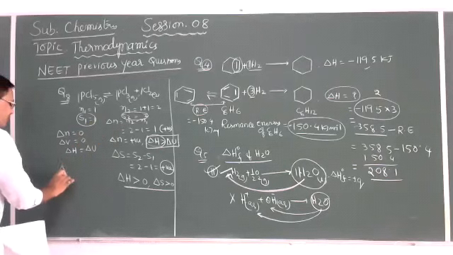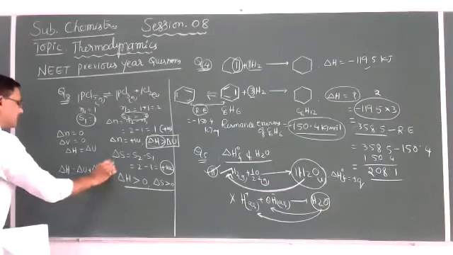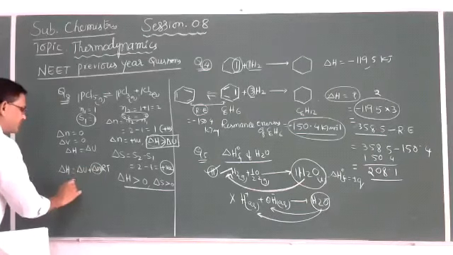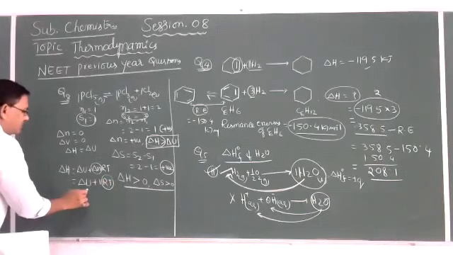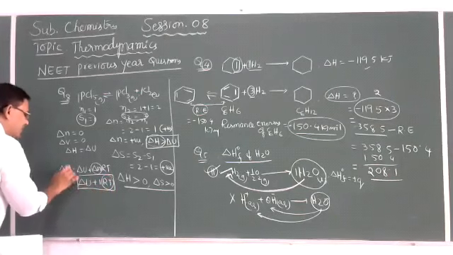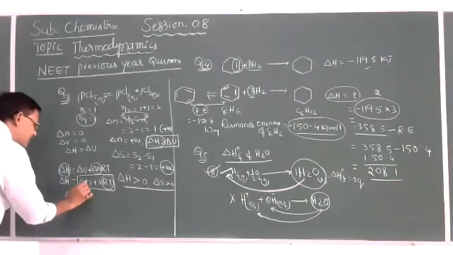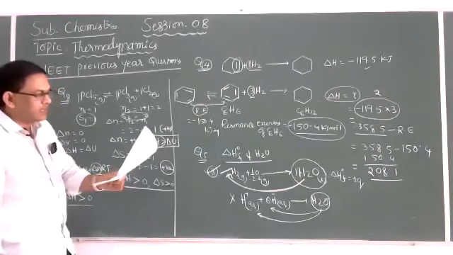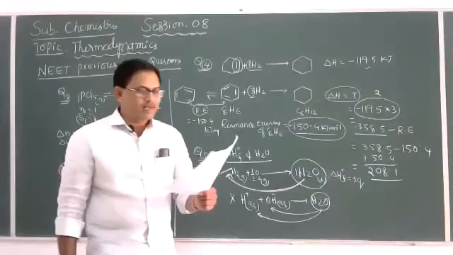Because according to delta H is equal to delta U plus delta n RT, clear? Now here this value is positive, that's why delta U plus 1 into RT. Something is added to delta U, that's why the total value is more. That's why delta H is greater than 0. That's why the answer is option D: delta H is greater than 0 and delta S is also greater than 0.